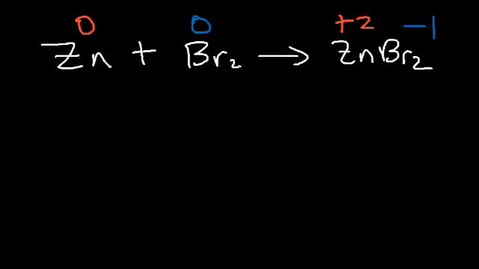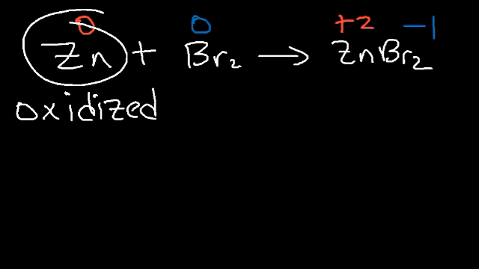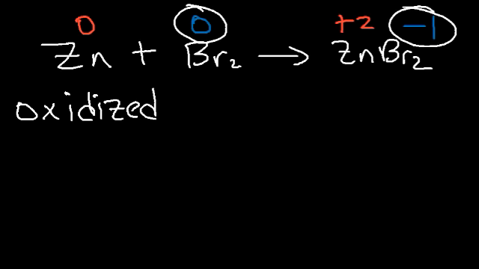Whenever the oxidation state increases, the substance is oxidized. So the oxidation state of zinc went from 0 to +2. So zinc was oxidized. The substance that is oxidized is always a reactant, never the product, so it's always on the left side. Now bromine was reduced. Notice that the oxidation state decreased, or was reduced, from 0 to -1.